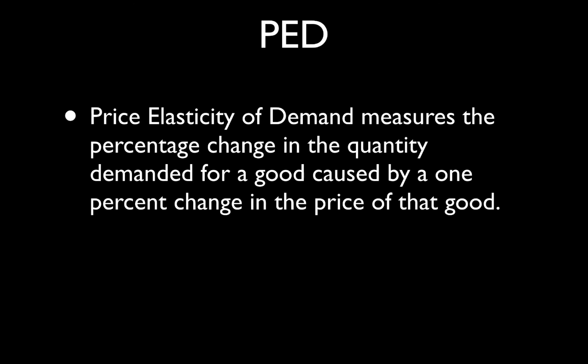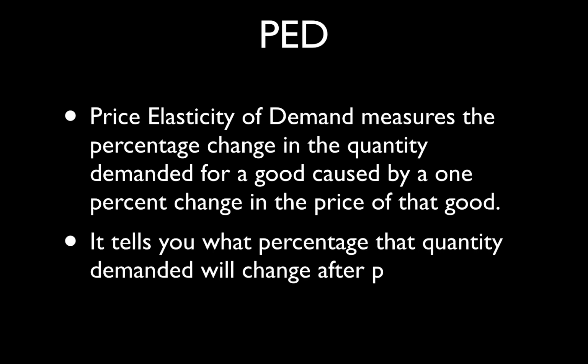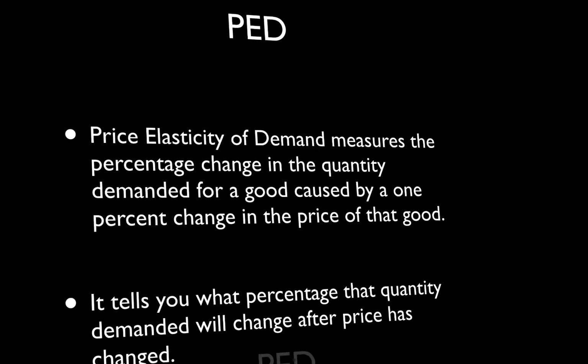So even if prices change by more than 1%, the formula will average it out to say, okay, if price had only changed by 1%, we are saying that quantity demanded will change by X amount, okay? So it tells you what percent that quantity demanded will change following a price change, okay? So again, just constantly thinking this percentage change compared to percentage change.